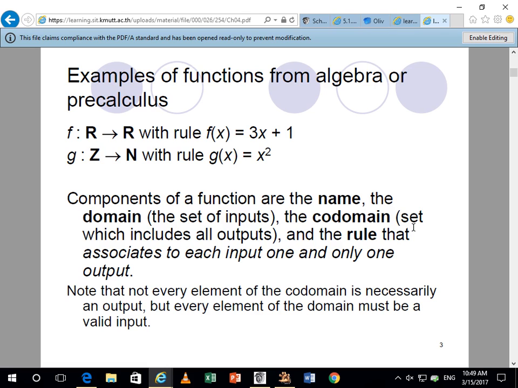Talking about the function f, the rule specifies f of x. X is the input. We map x into the codomain, called f of x, using this relationship, 3x plus 1. So we take input x, we do algebraic manipulation to get 3x plus 1, and this is the output in the real domain.